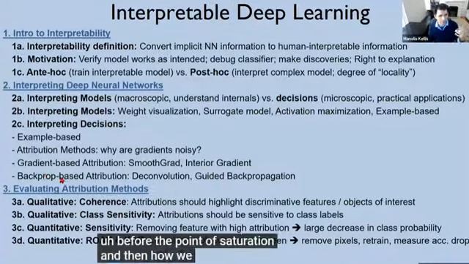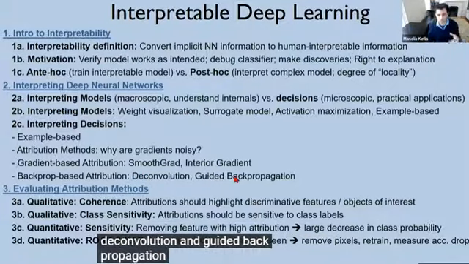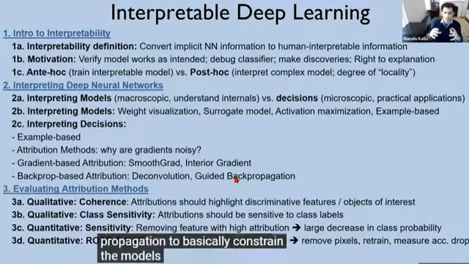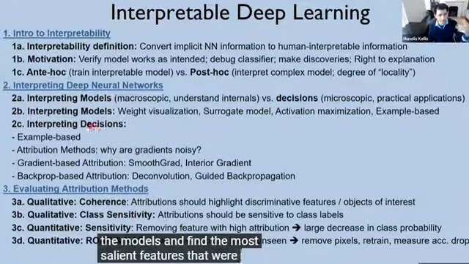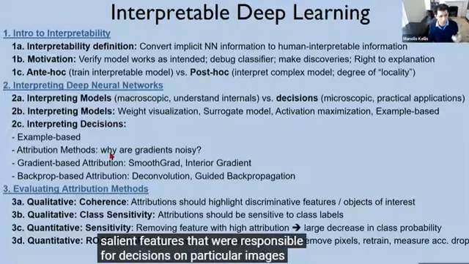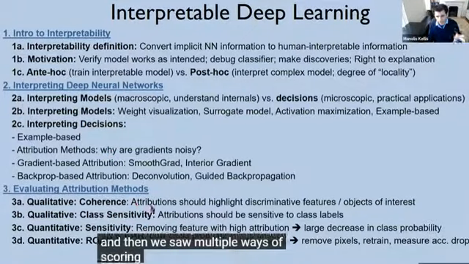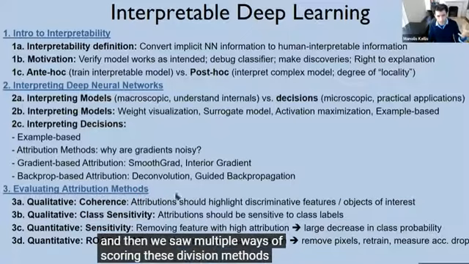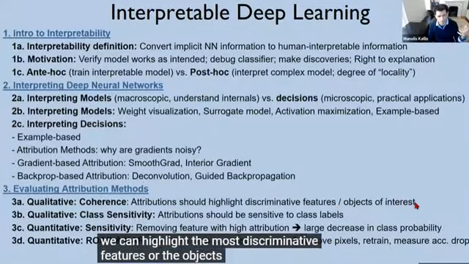And then how we can use backpropagation, like deconvolution and guided backpropagation, to basically constrain the models and find the most salient features that were responsible for decisions on particular images. And then we saw multiple ways of scoring these attribution methods, where we can highlight the most discriminative features or the objects of interest.